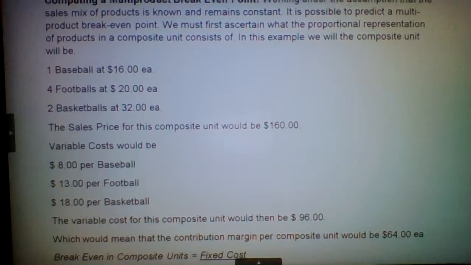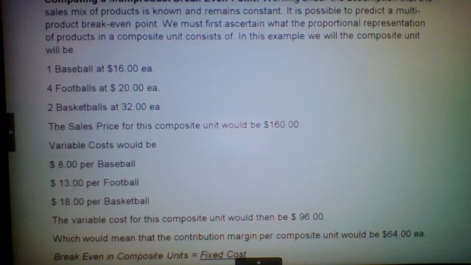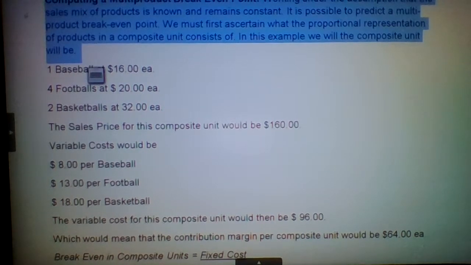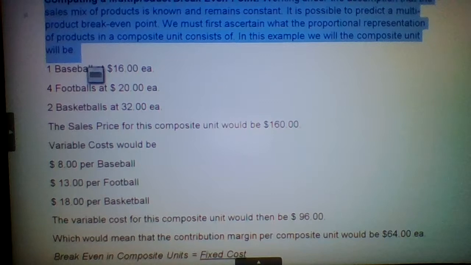Now, up till now, we've been talking about a single unit or a single product line. Not many companies sell only one product line. A lot of them sell a mix of lines. So this is where we're going to talk about computing a multi-product break-even point.